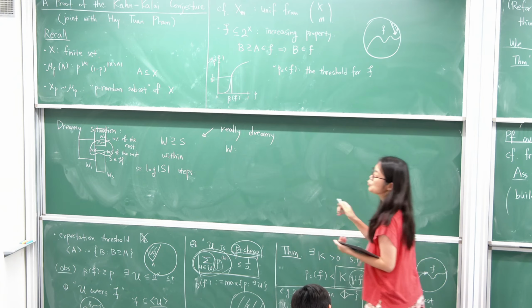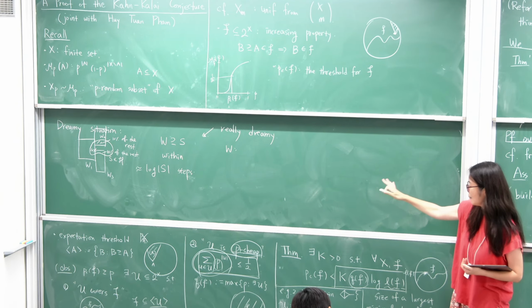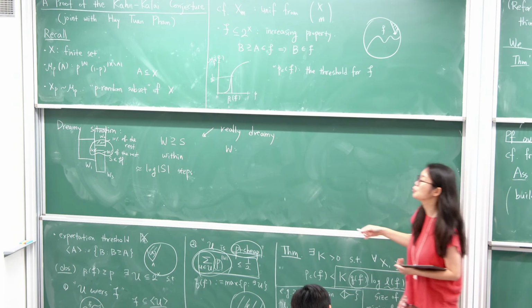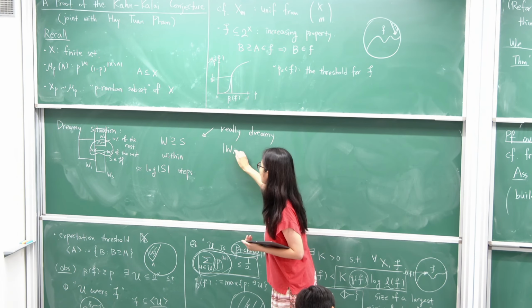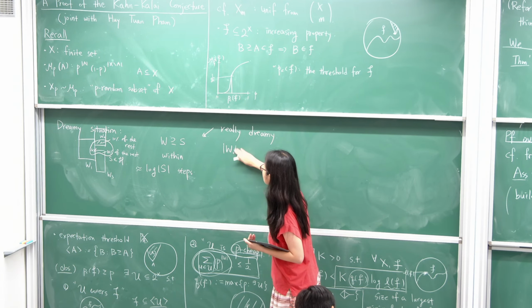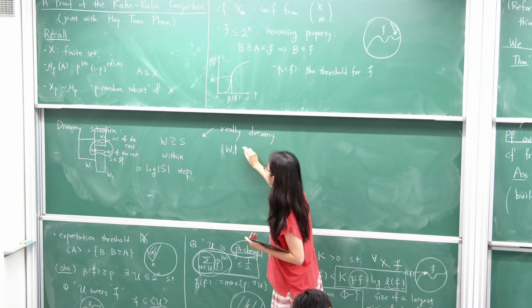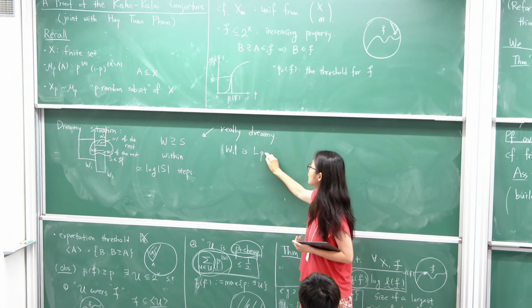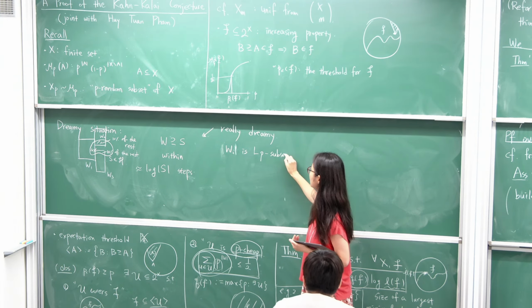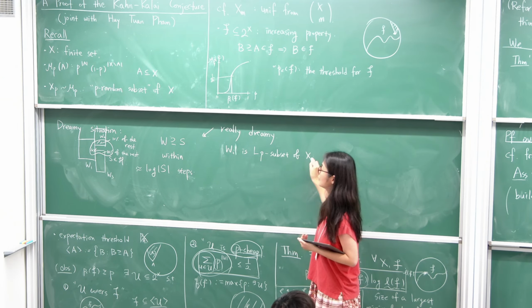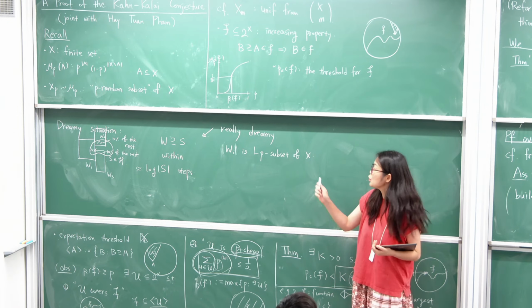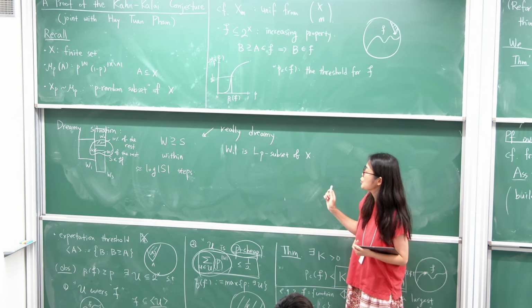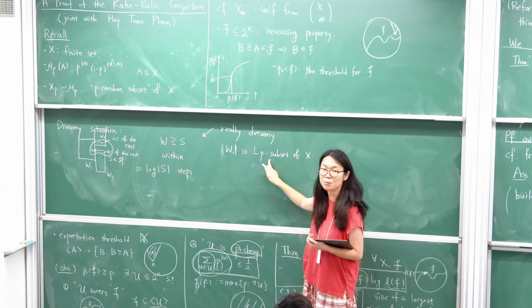To make this claim happen, the size of each random set Wi is L times P subset of X.